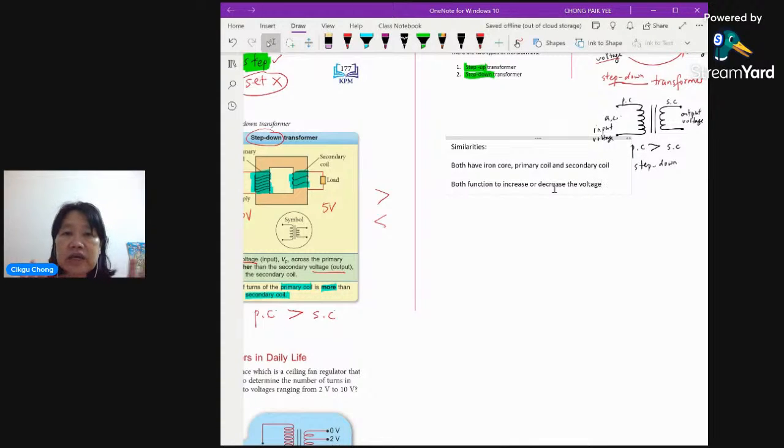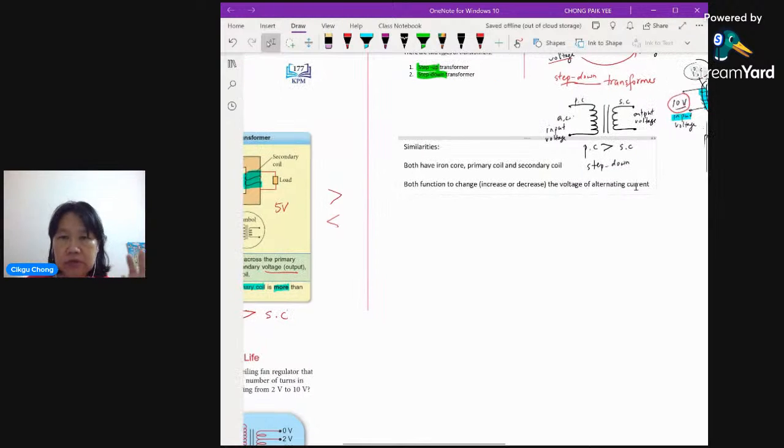If you don't want to say increase or decrease, you can change it with the word change. Or you can say increase or decrease the voltage of what kind of current? Of alternating current.